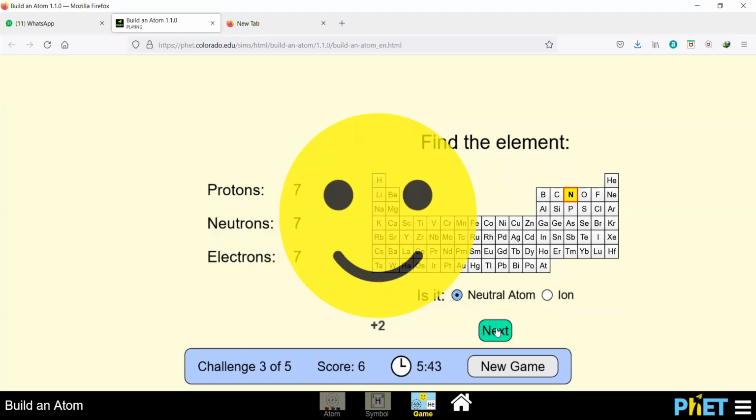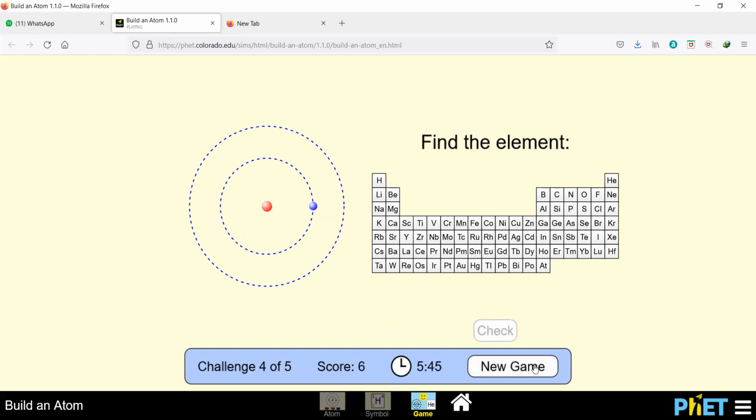Yes, teacher. What is this element? 1 and 1. You have 1 energy level and 1 electron. So where is it in the periodic table? Helium, which is in group 18.